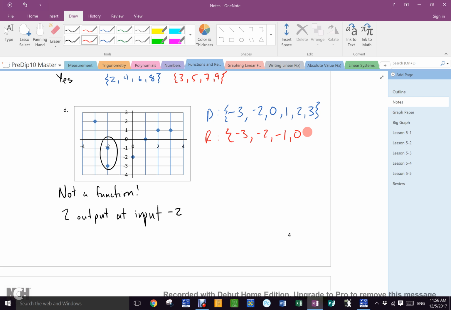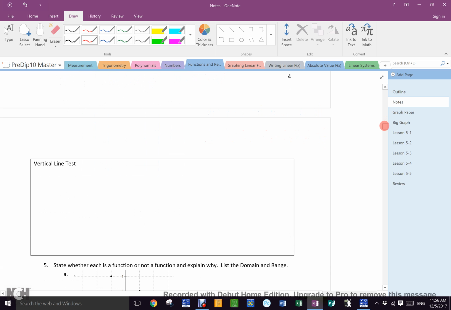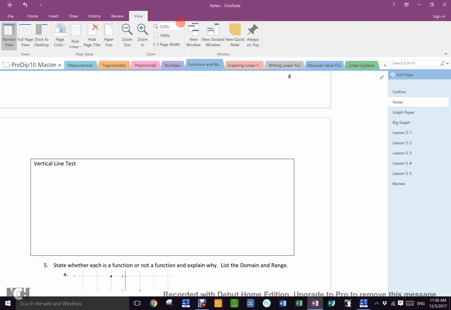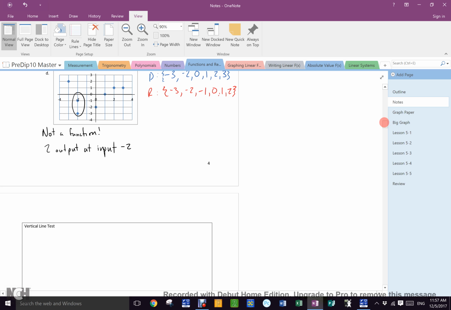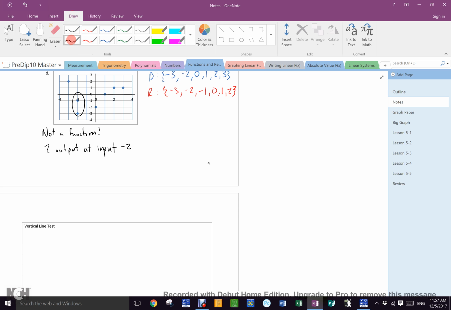Everybody good? All right, now I'm going to give you a little treat, a gift, if you will. The vertical line test. On a graph. Please notice that I've written the words on a graph.